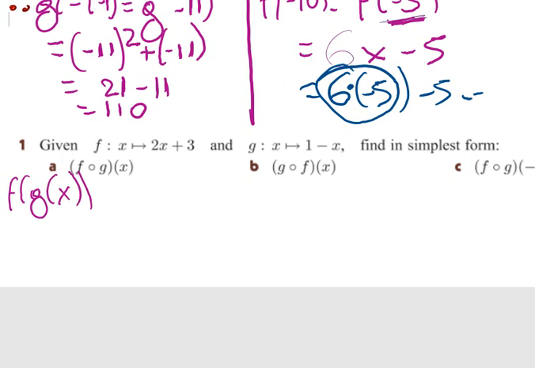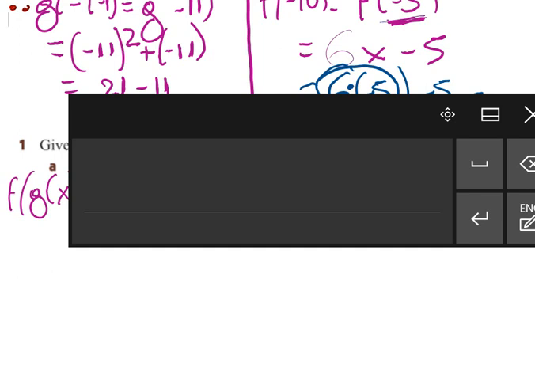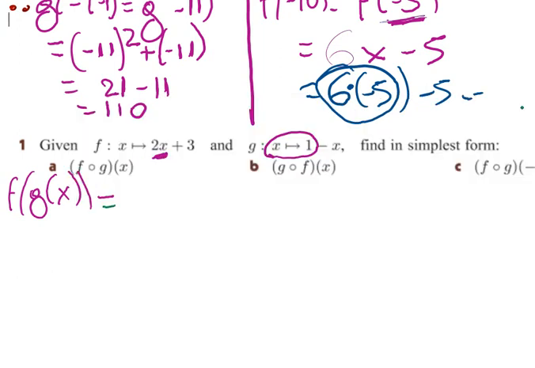So what's inside? The g. So I have to put this every time I see x here. So I'm writing the normal thing. I'm writing 2 plus 3. This 2 disappears.